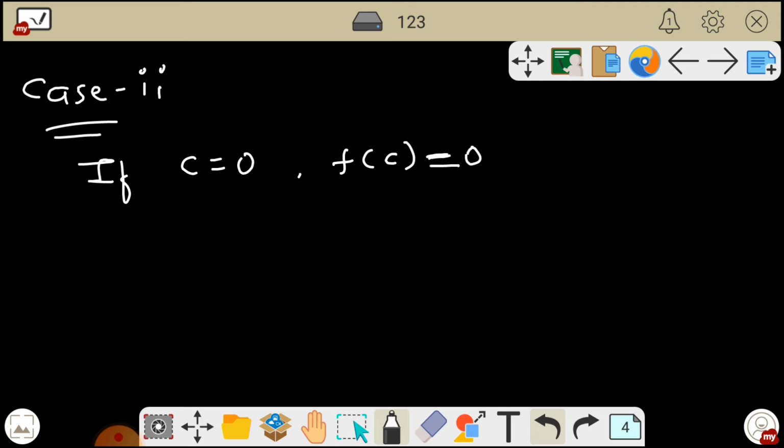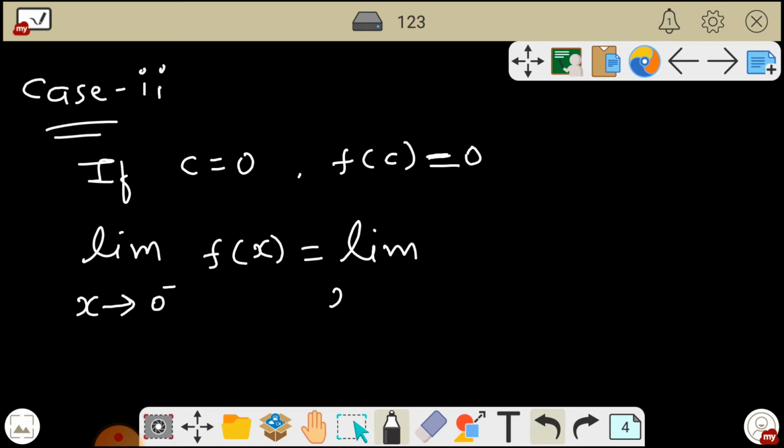Now let us check the left limit and right limit of the function. So first of all, limit x tends to 0 minus f of x is equals to limit x tends to 0 minus of minus 1, which is equals to minus 1.